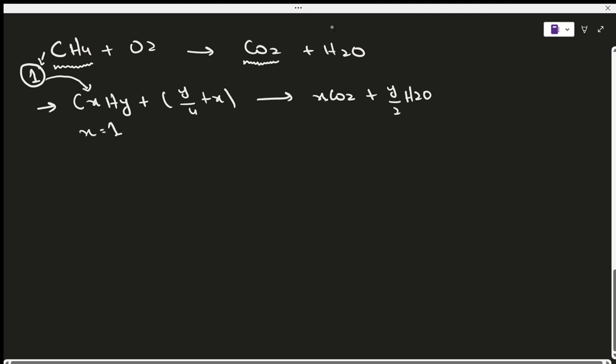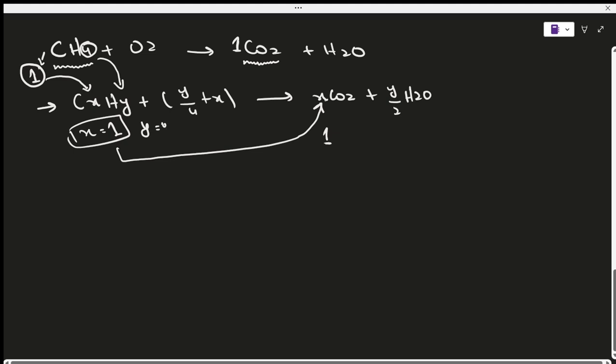If x is 1 here, the value of x on the other side is also going to be 1, so we can place a 1 here. Make sense? Then you have hydrogens. The hydrogens here are 4, so we can say y is equal to 4.